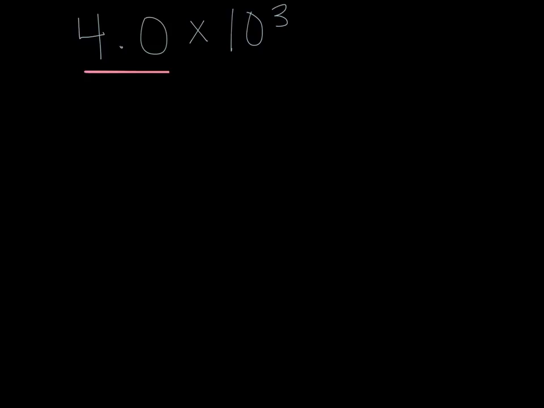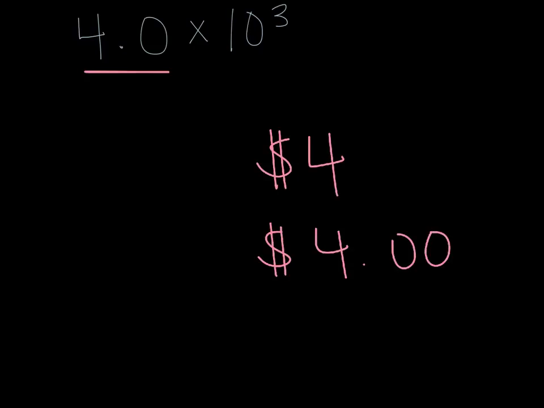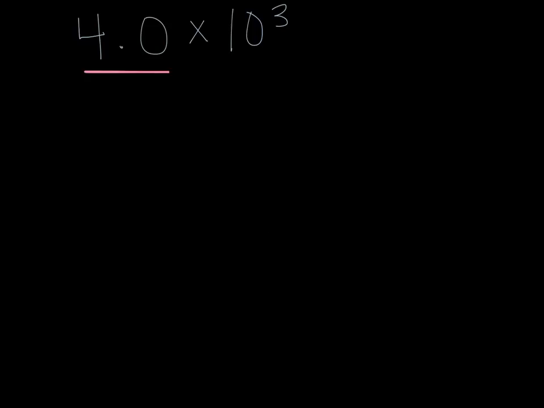Now, in here, we have a decimal point and a 0, but the value's not changing. Think about money. Whether you write $4 like this, or you write $4 like this, either way, you still have $4. And that's how decimal points work. When there's a 0 after it, it doesn't change the value, but it does change how we multiply things. So let's check it out.